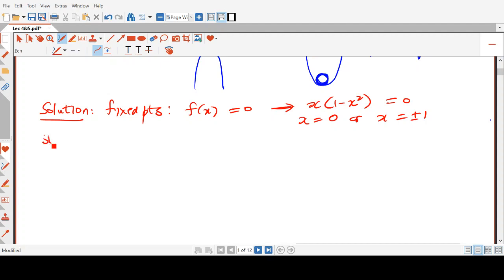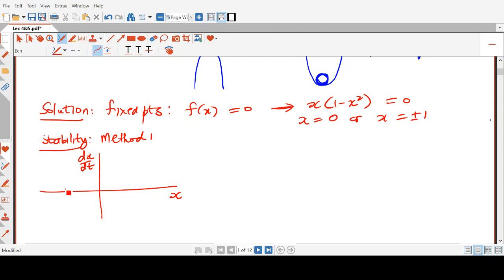Now, let's study the stability. Method 1. Let's do the plot of dx/dt versus x. So the three equilibria are minus 1, 0, and 1.